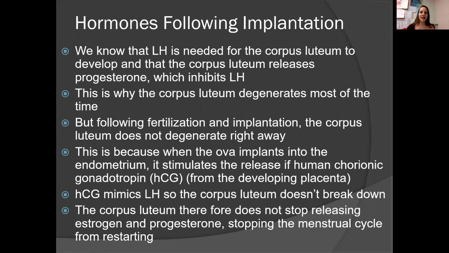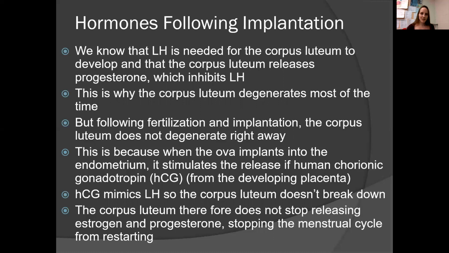So I've said that in order for the corpus luteum to maintain its shape and its function, it has to be stimulated by LH or something similar to LH. And yet I've also said that the LH will be cut off fairly quickly because of the high levels of progesterone. And I've also said that the corpus luteum will continue releasing progesterone into pregnancy.